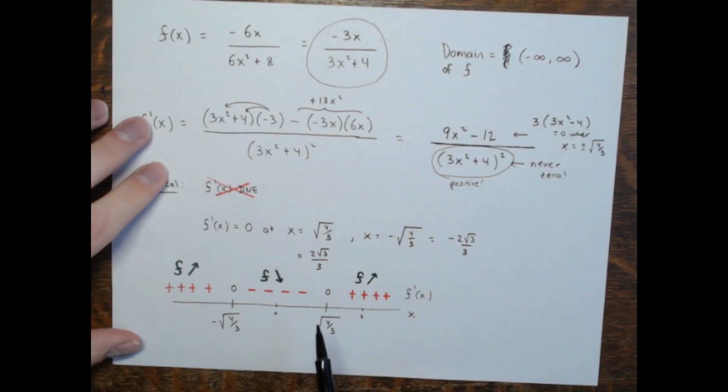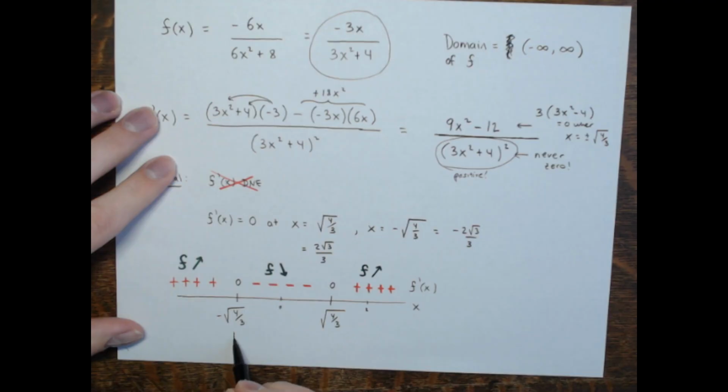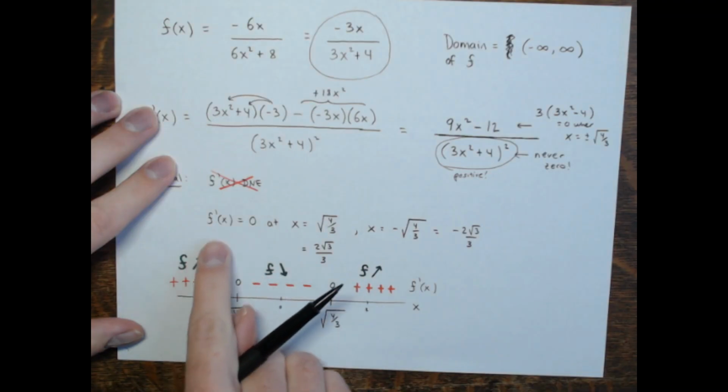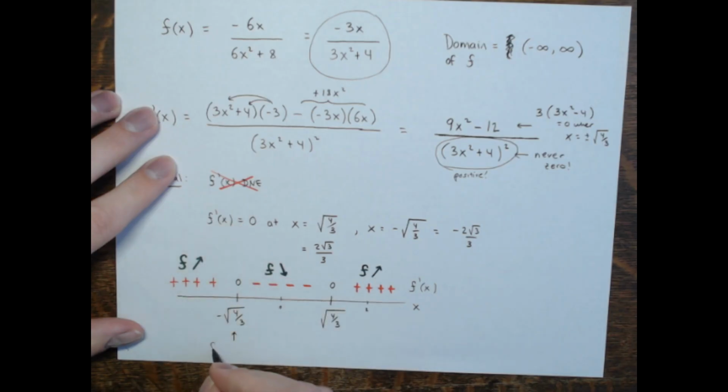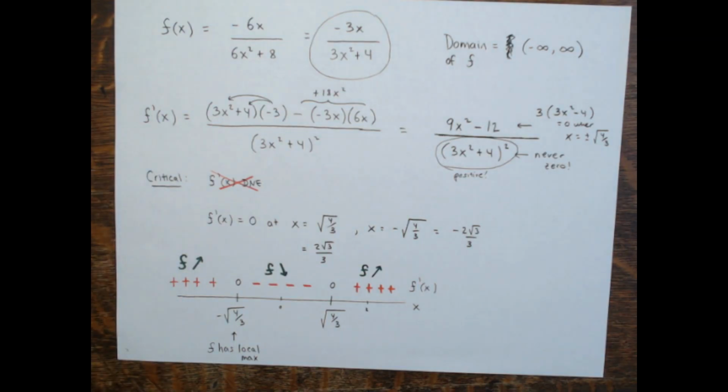So you can see from my picture here, from the number line, that at this x value, negative square root of 4/3, the graph of f is going to have a local maximum, because you're going up and then down. You're at the top of a hill. We'll go to Desmos and see this. But f has a local maximum at this negative square root of 4/3 value.